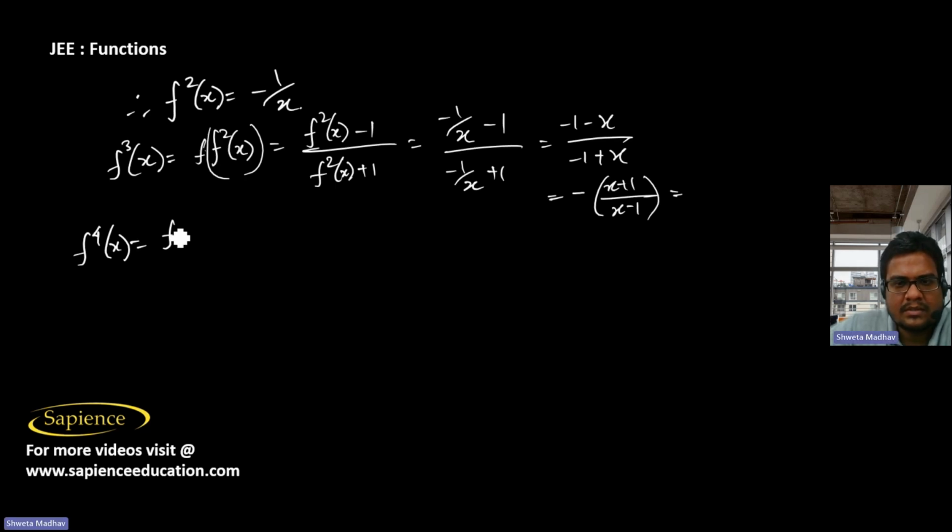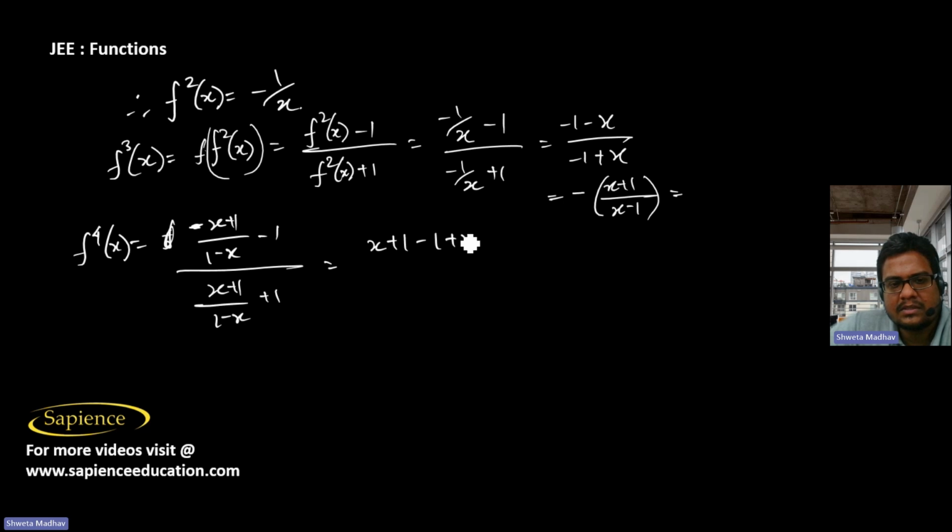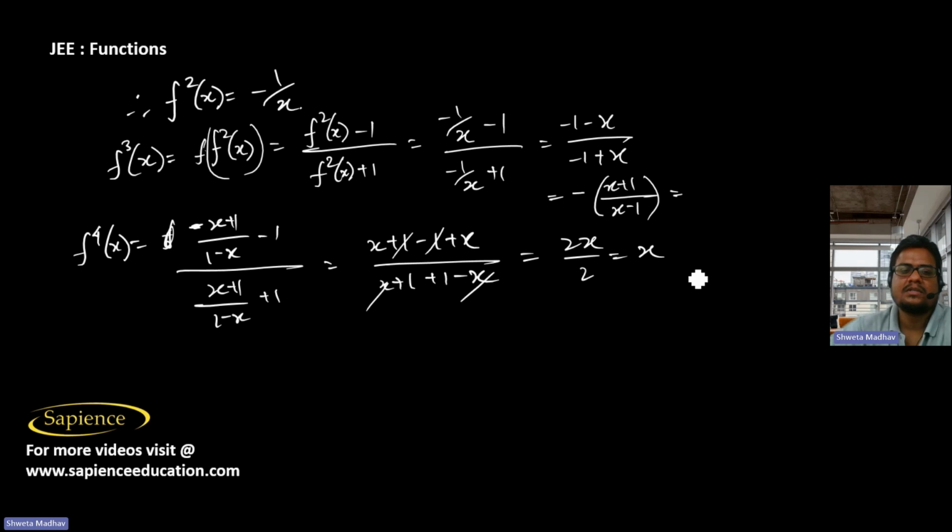That will be f of f3 of x, so x plus 1 by 1 minus x, minus 1, by x plus 1 by 1 minus x, plus 1. So this will be x plus 1 minus 1 plus x divided by x plus 1 plus 1 minus x. So 1 will cancel, and this is 2x by 2, which is equal to x. So f4 of x is equal to x.